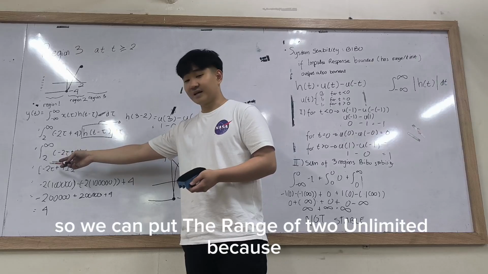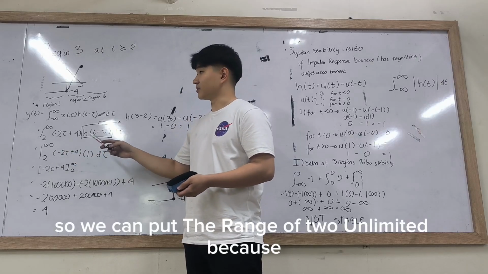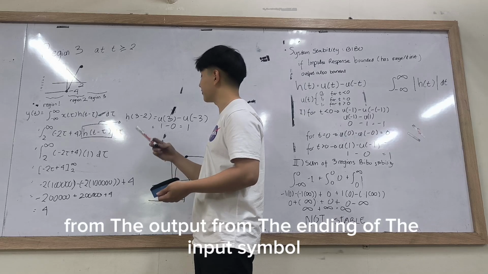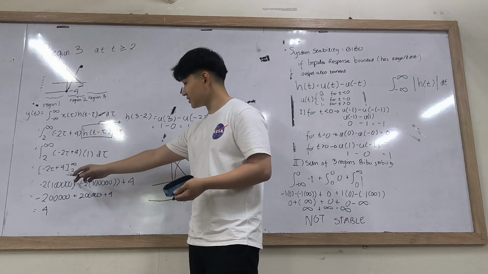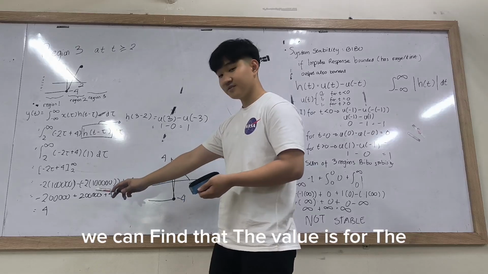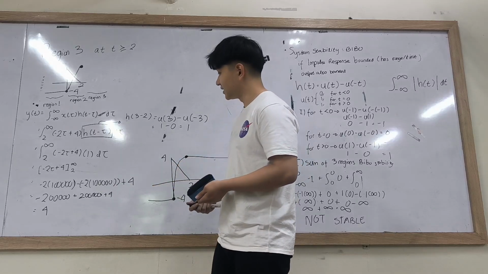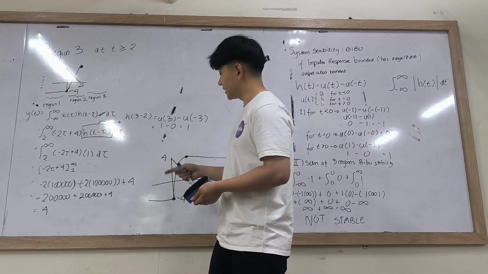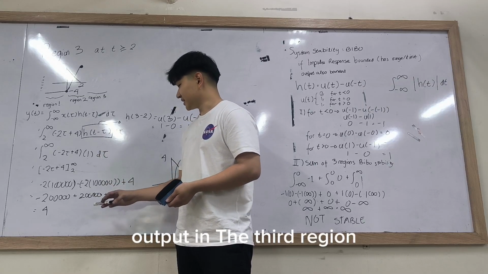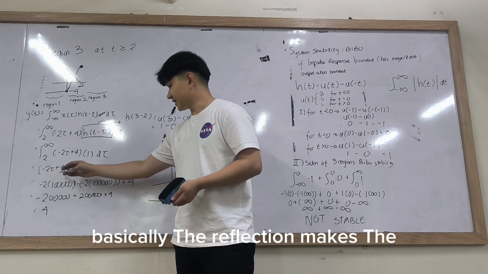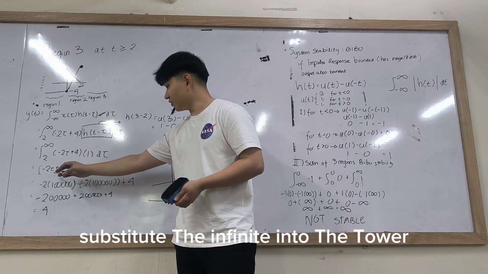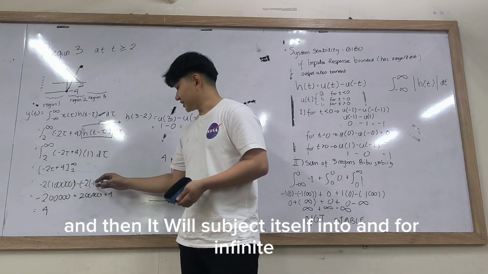So we input the range of 2 until infinity, because it's boundless from the ending of the input signal. And with anti-derivation, we can find that the value of the output in the third region is 4. Basically, the anti-derivation substitutes infinity into tau, and then subtracts itself with 2.